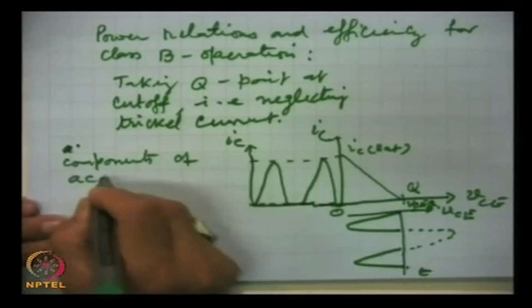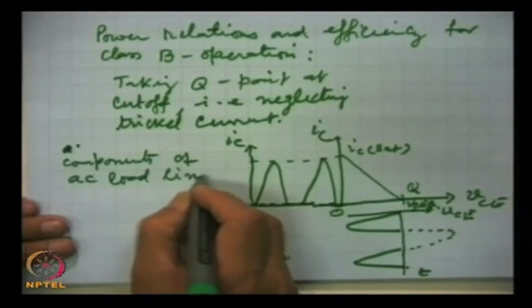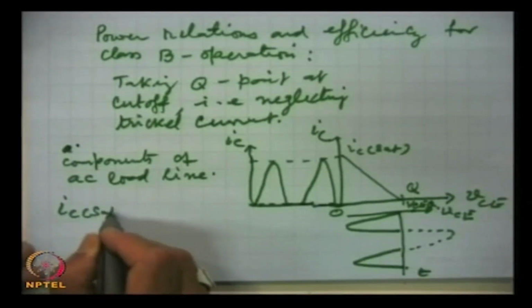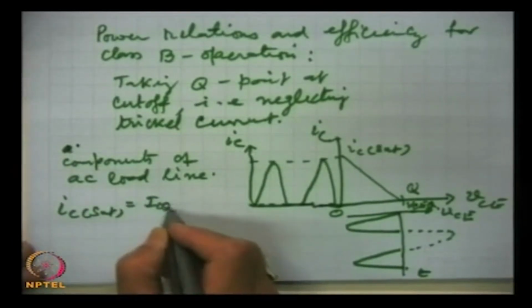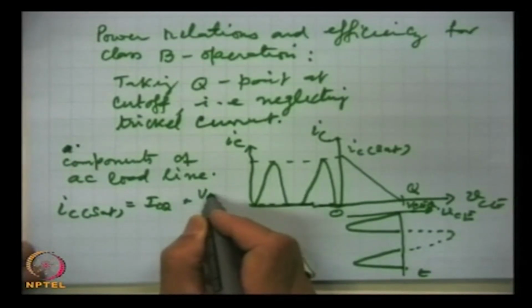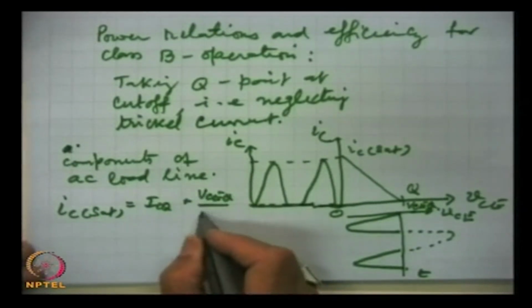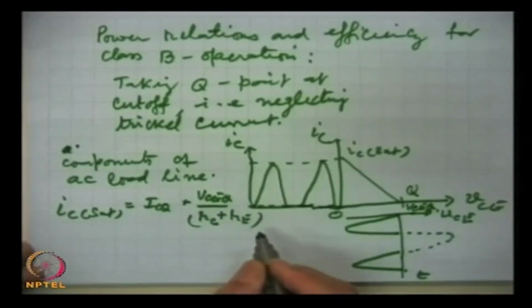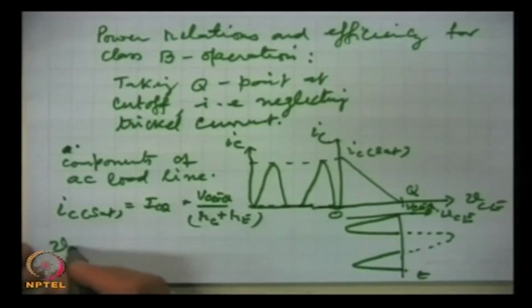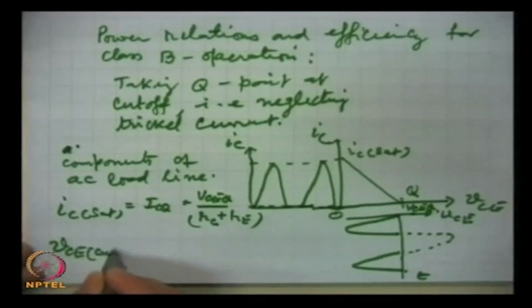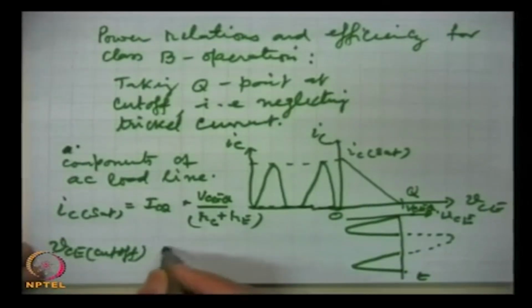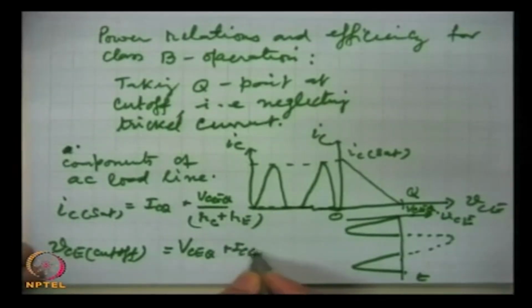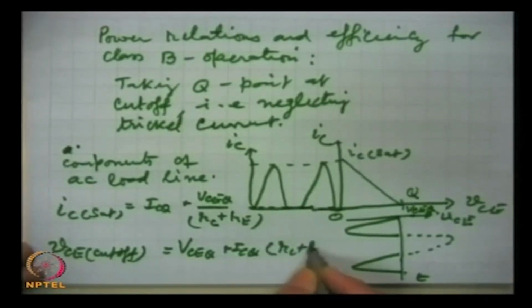We got two expressions: IC sat equal to ICQ plus VCEQ by the effective collector and emitter resistance, and similarly VCE at cutoff equal to VCEQ plus ICQ into RC plus RE.